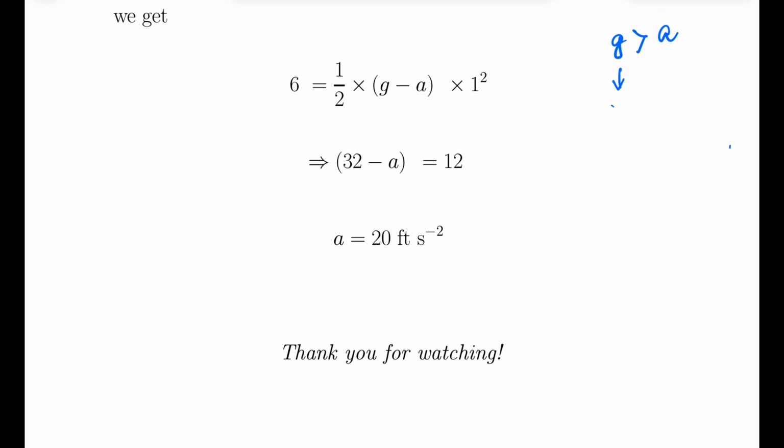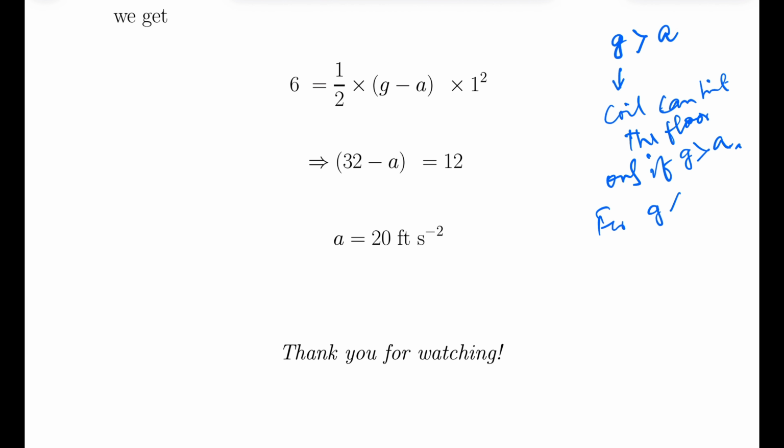Okay. So the coin can hit the floor only if g is greater than a. For g less than a, the coin can never hit the floor.